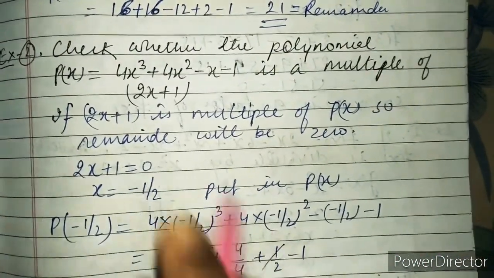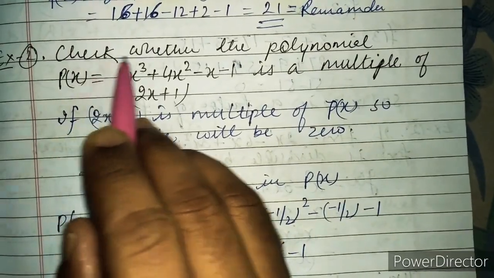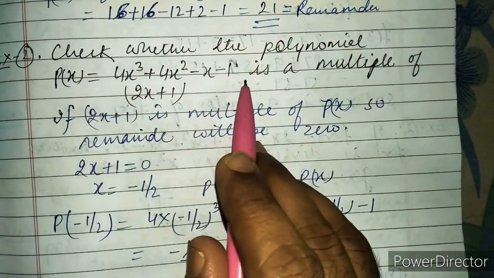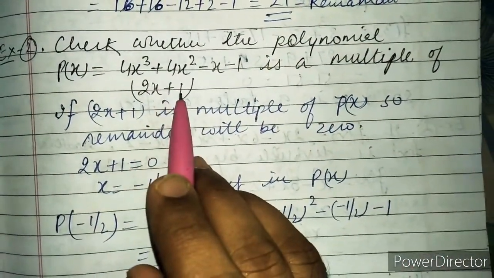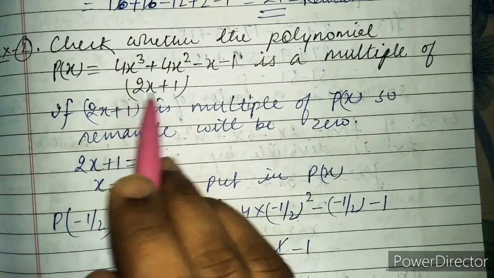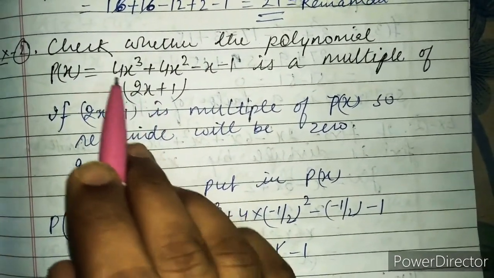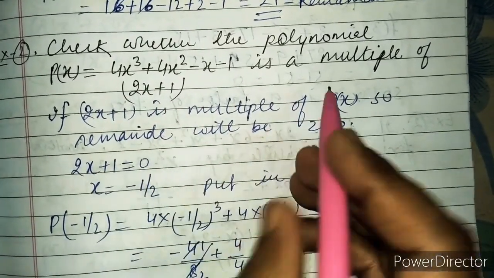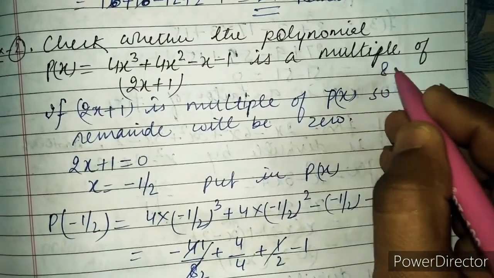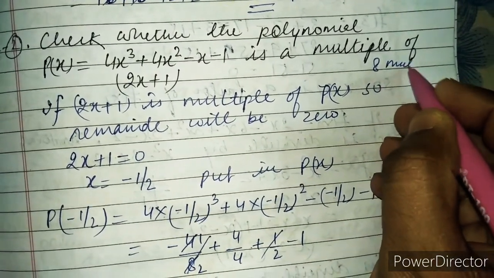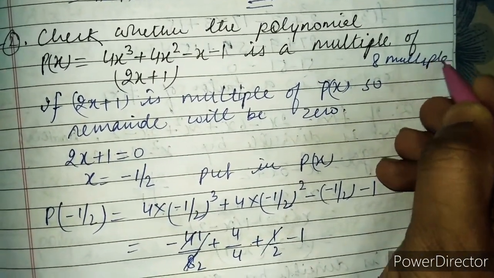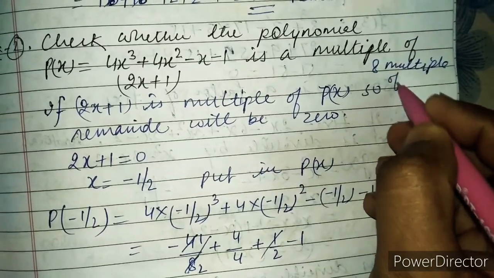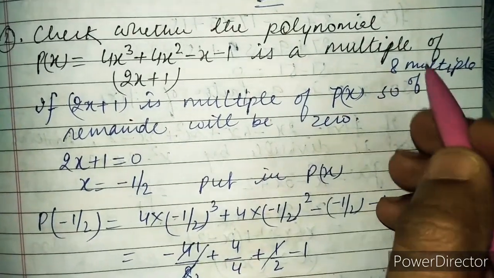Now see one more example. The question is: check whether the polynomial p(x) is a multiple of 2x plus 1. If p(x) is a multiple of this, it means that p(x) is completely divided by 2x plus 1. If I say that 8 is a multiple of 2, then 2 will completely divide 8.